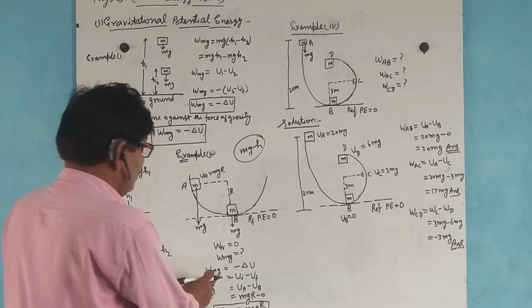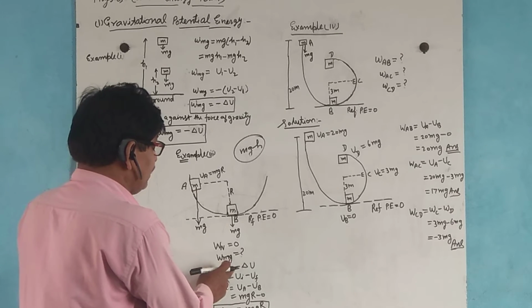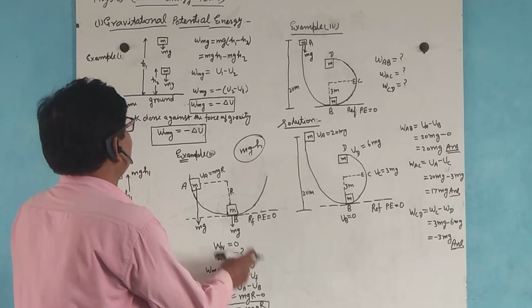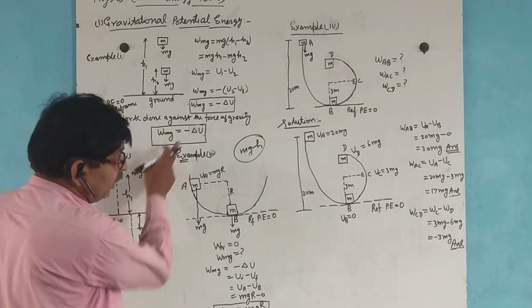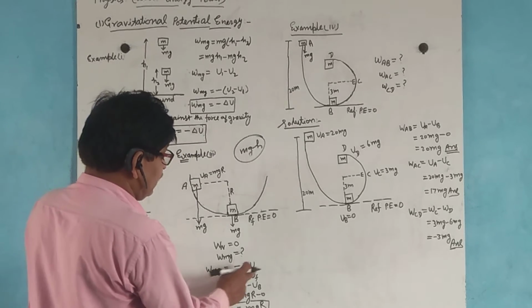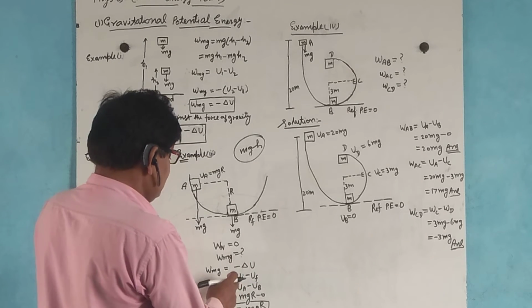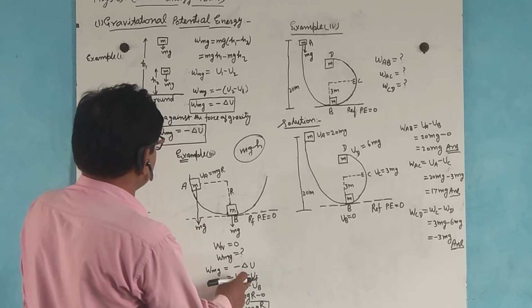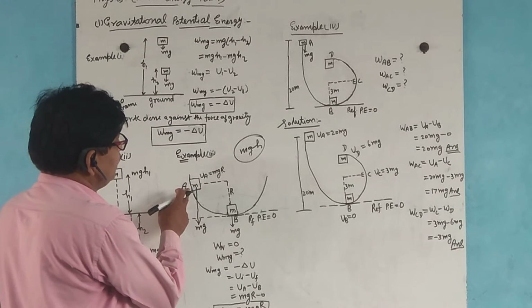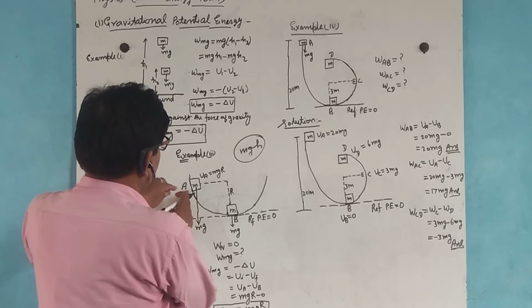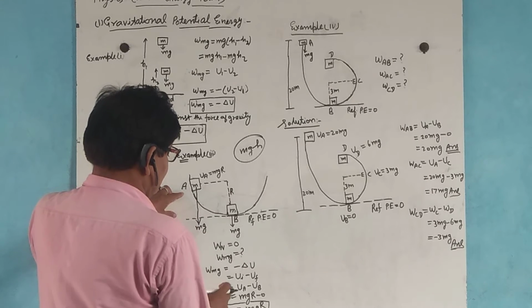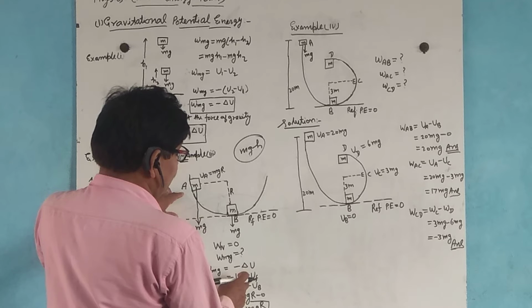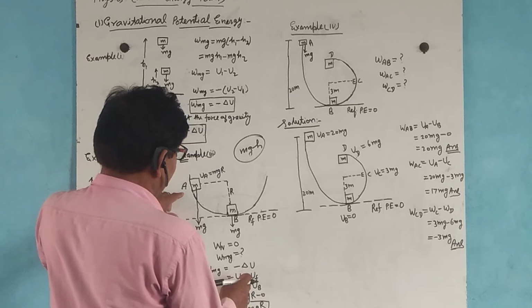In this case, the work done against mg is minus delta U as calculated here, where delta U means final potential energy minus initial potential energy.